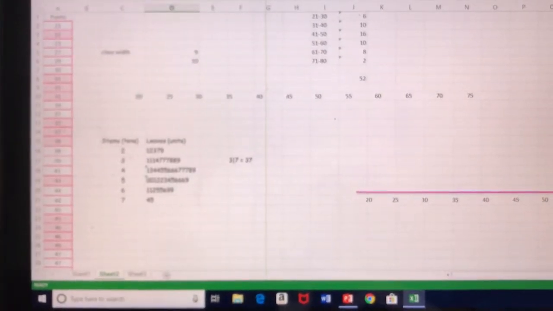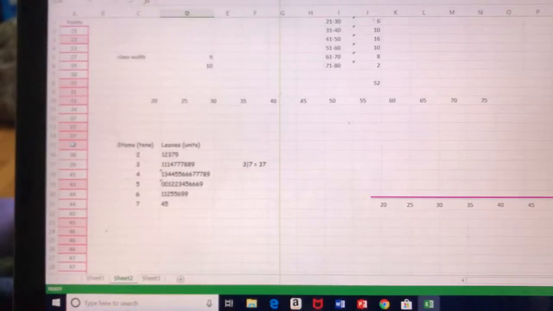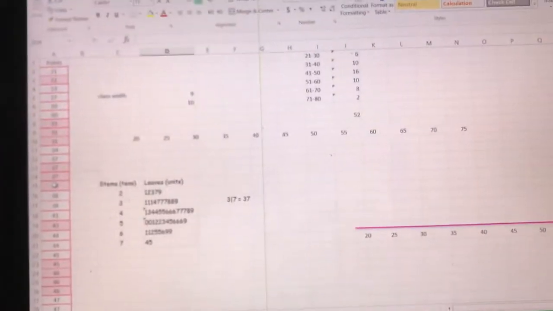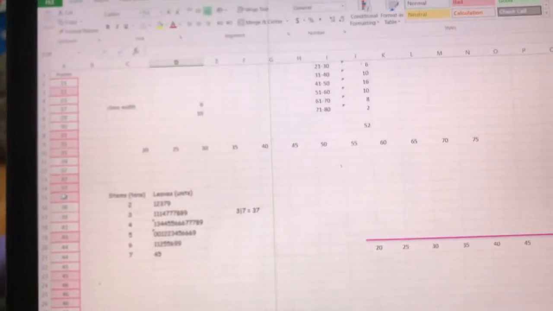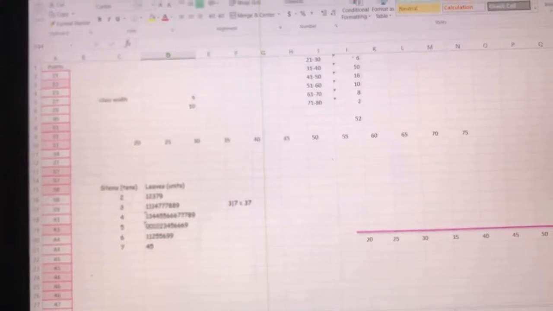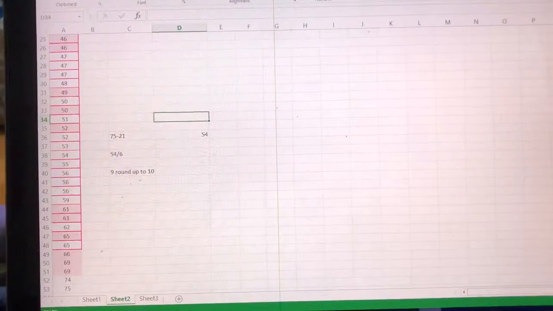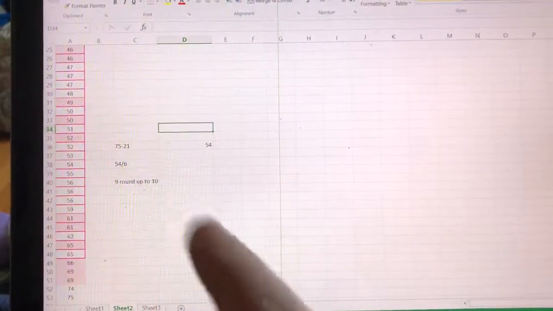Our minimum data value, this is in order from least to greatest, is 21. And if we go down, our maximum data value is down here, it's 75. So 21 to 75.